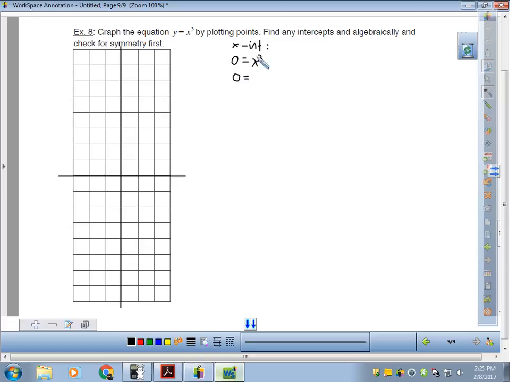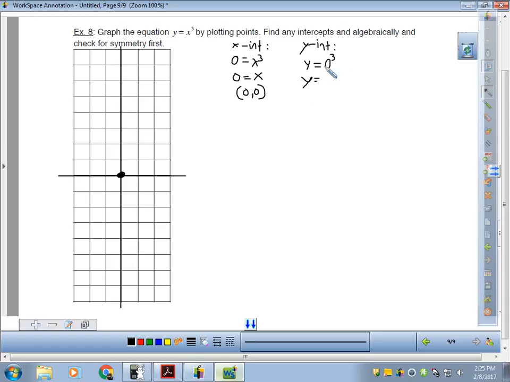And the cube root of x cubed is x. So my x-intercept is 0, 0, which is this point right there. For y-intercept, remember that we plug in 0 for the x. So we'll have y equals 0 cubed.